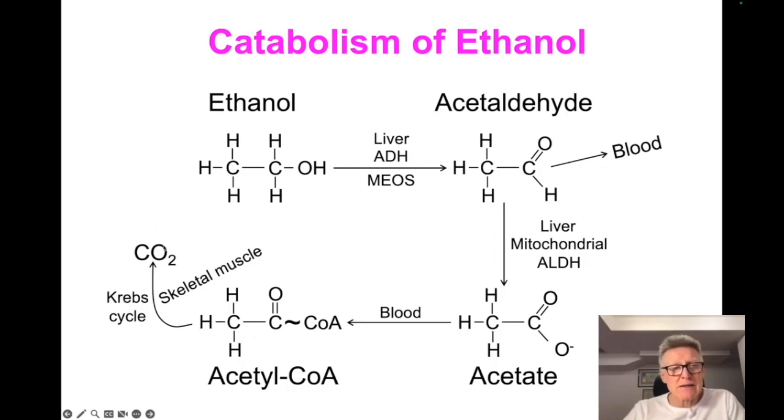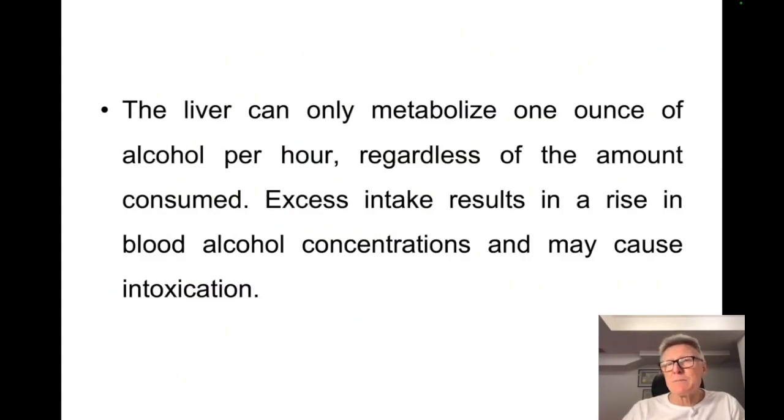Acetyl-CoA can be oxidized, so it produces CO2, and it can be used in muscles. This pathway is very active in the liver, and the liver is the organ that really does most of the work here. But once it's in the form of acetate, it can also be metabolized by other organs and tissues. There is a limit to how much the liver can actually handle at any point in time, or per hour, if you will.